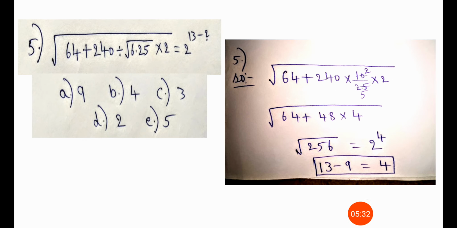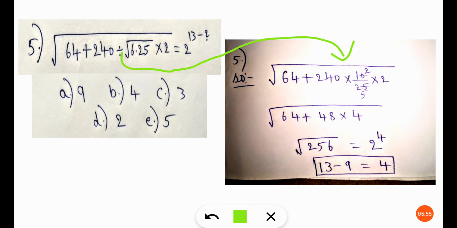Square root of 64 plus 240 divided by square root of 6.25 into 2 equal to 2 to the power of 13 minus something. We have to identify this question mark something. Okay, square root of 6.25 means square root of 25 by 10. So to convert the divided by into a multiplication symbol, we will convert the numerator into denominator, denominator into numerator.